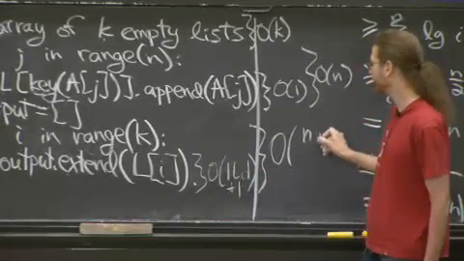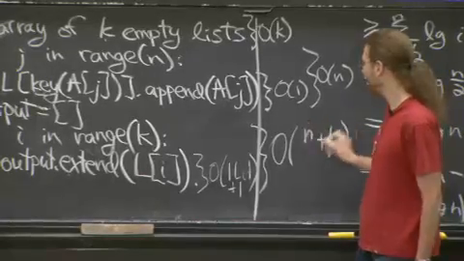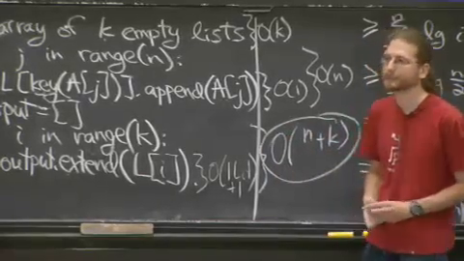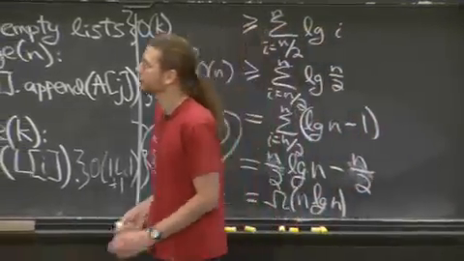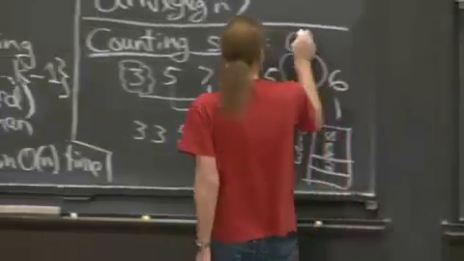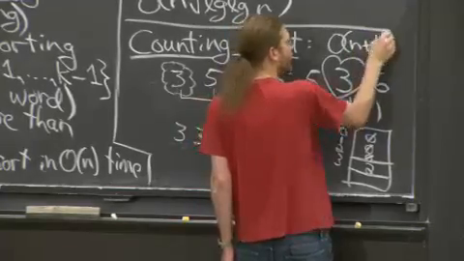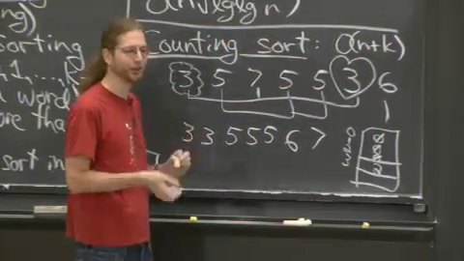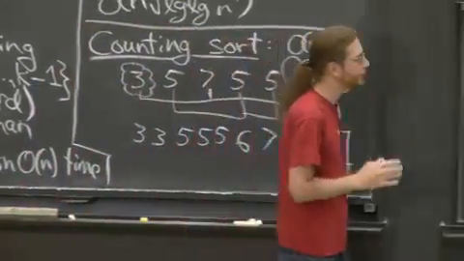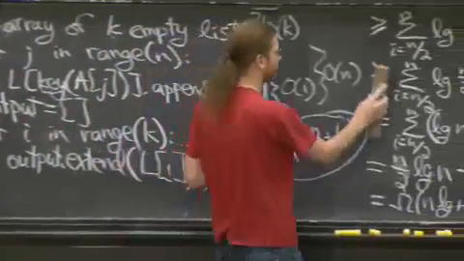And then you get +1 for each of them, so you get n plus k. N plus k is the running time of this algorithm. OK, so counting sort is order n plus k. So if k happens to be order n, this is linear time. But as soon as it's a little bit bigger, you're in trouble. So counting sort's a good warm-up, but it's not ultimately what we want.